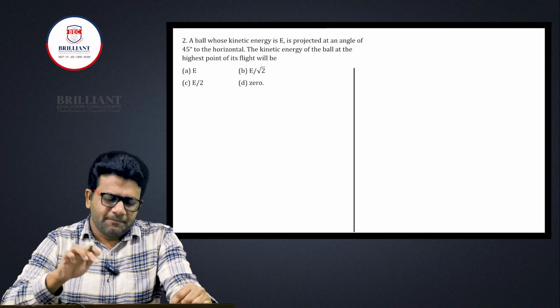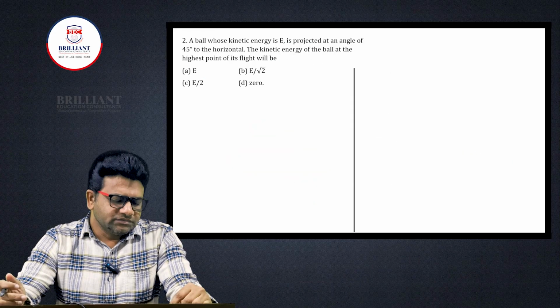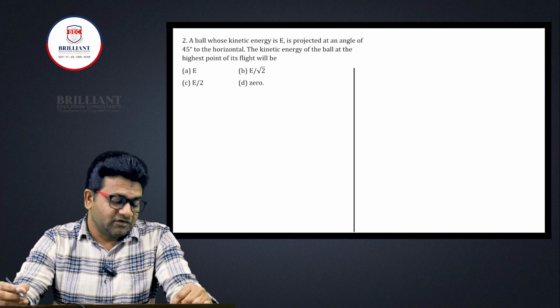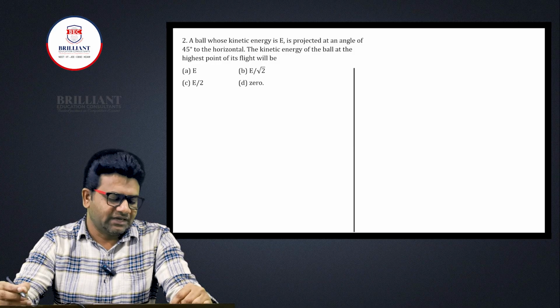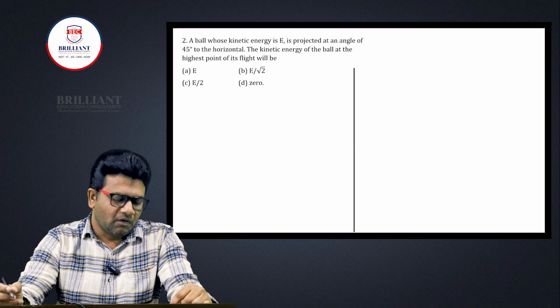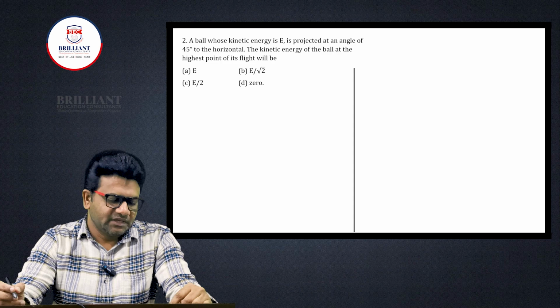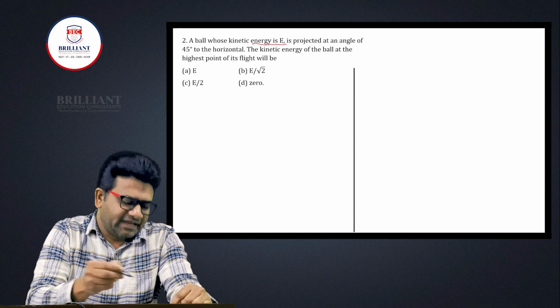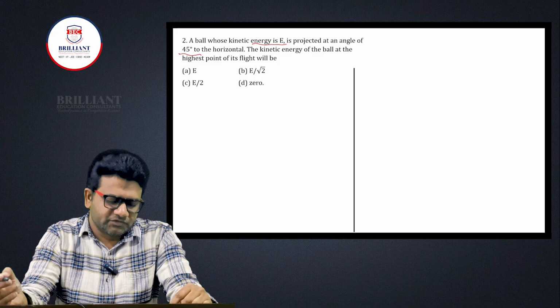In the next question, a ball whose kinetic energy is E is projected at an angle of 45 degree to the horizontal. The kinetic energy of the ball at the highest point of its flight will be? It is given that the kinetic energy is E and the angle of projection is 45 degree to the horizontal.